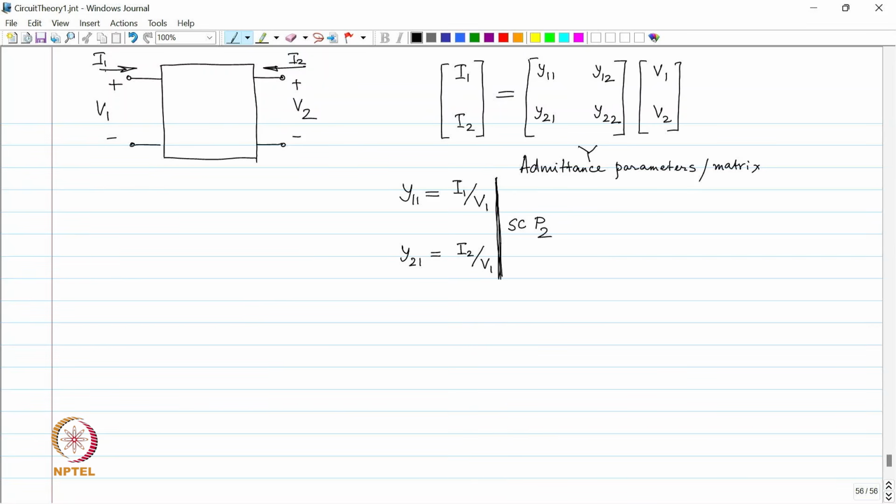Fine. I will apply 1 volt, measure I 1, measure I 2. I 1 measurement will give me y 1 1, I 2 measurement will give me y 2 1. Okay. We are always going to proceed column by column, not row by row. Every time column by column, be careful.